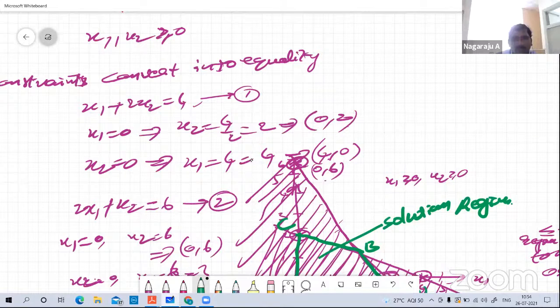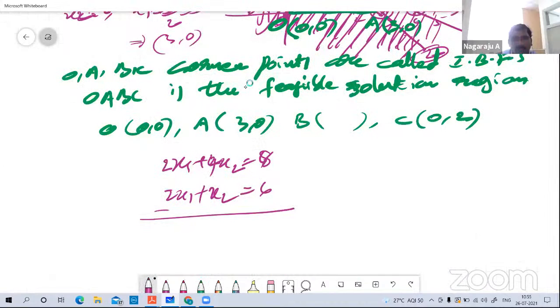Now from the first equation x1 plus 2x2 equal to 4, substituting x2, x1 plus 4 by 3 equal to 4. So x1 equal to 4 minus 4 by 3, x1 equal to 12 minus 4, 8 by 3. So x1 comma x2 is 8 by 3 comma 2 by 3.